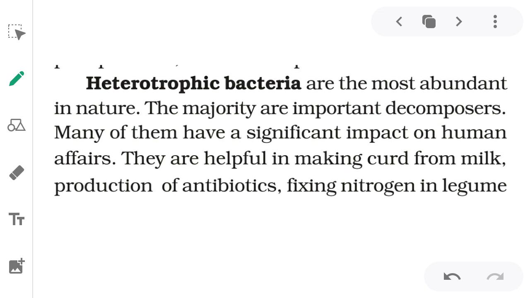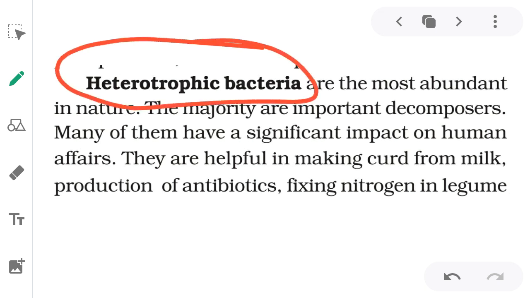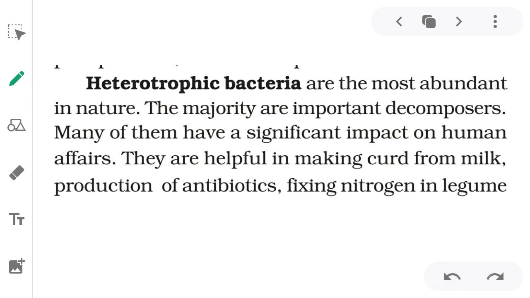And the heterotrophic bacteria, what do you mean by heterotrophic bacteria? Those bacteria which depend on other organisms for their nutrition, for their food. The majority are important decomposers. Many of them have a significant impact on human affairs.